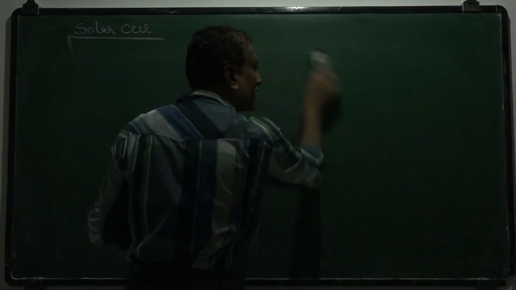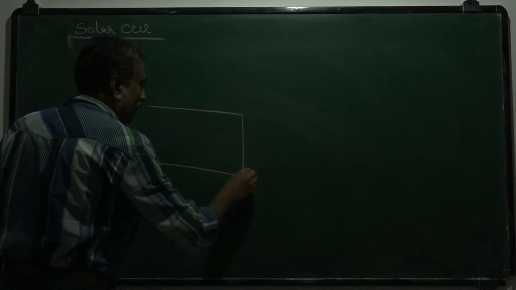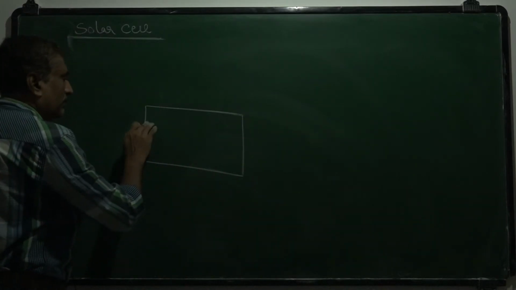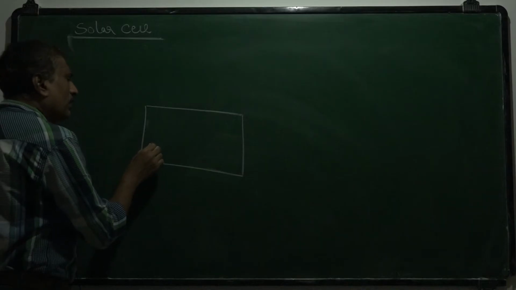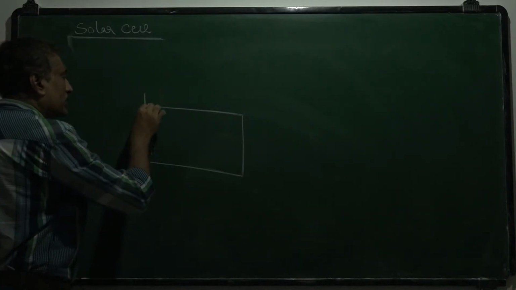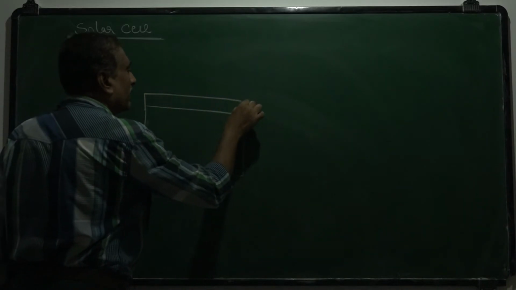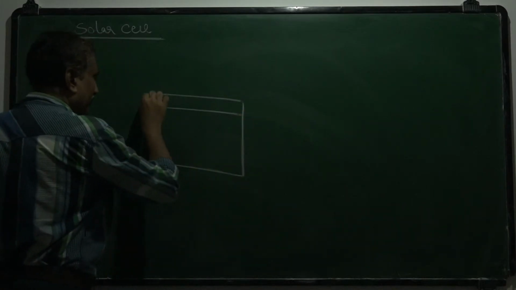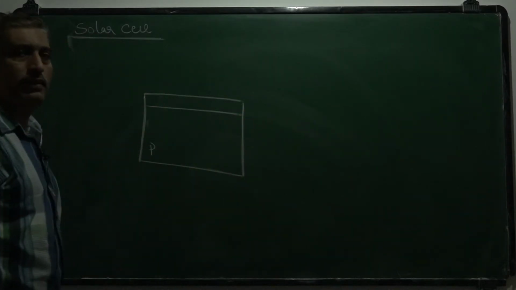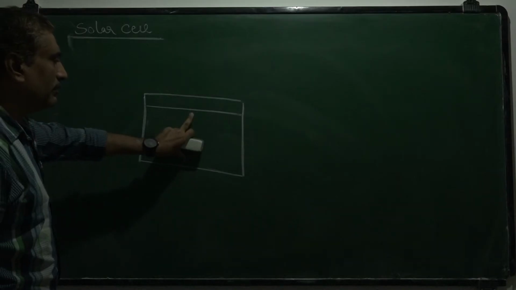But actually a solar cell is made with a PN junction, as we know. Suppose you assume this as N-type or P-type, on which a thin layer of the other type is made. Okay. So P-type is the thick one.